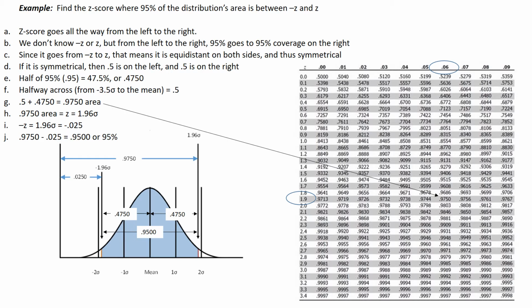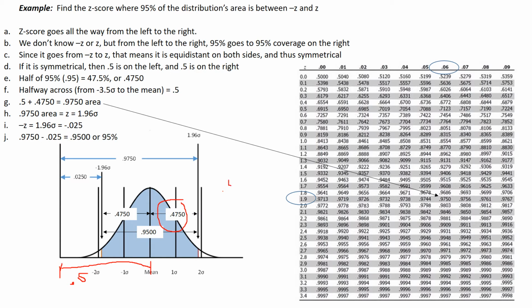And then we know another thing here, and this is where some people get a little confused. I don't mean just students, I mean everybody. From the very beginning here to the halfway mark, my mean is 0.5000. That's 50%. And I now know from the mean to this upper point is 0.4750.